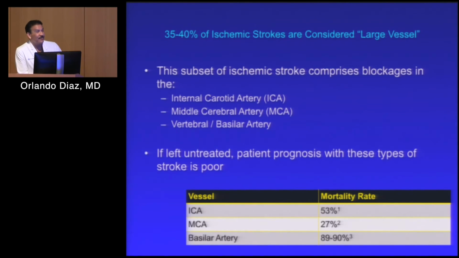Last Friday, I had a 37-year-old patient in a coma with a basilar artery occlusion, 90% mortality. We needed to say, if we don't do anything, he's going to die, 90%. I went there, grabbed the clot, I think it was 10 minutes. Next day, the patient was moving everything. He is still in the hospital, but ready to go home.